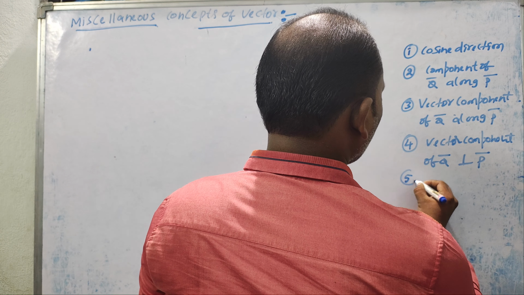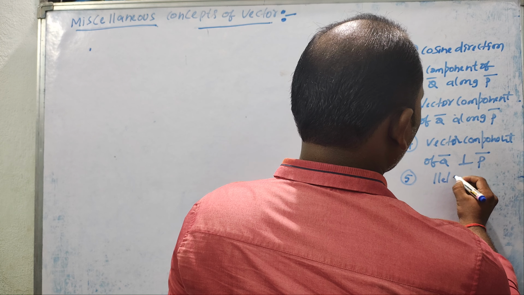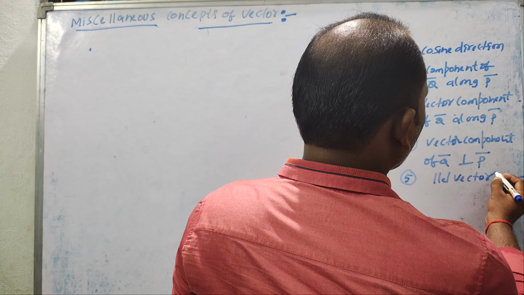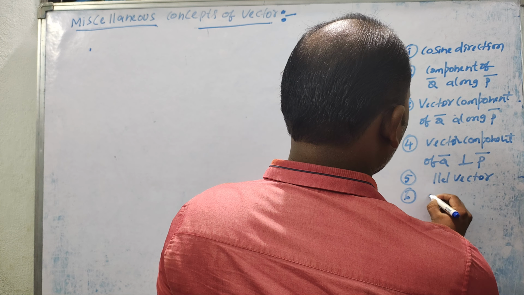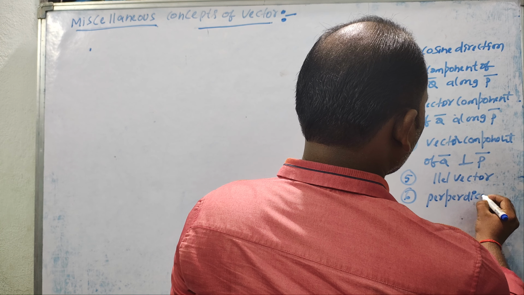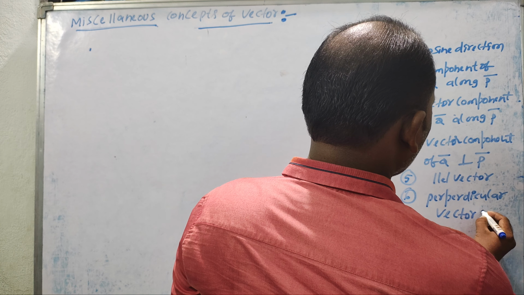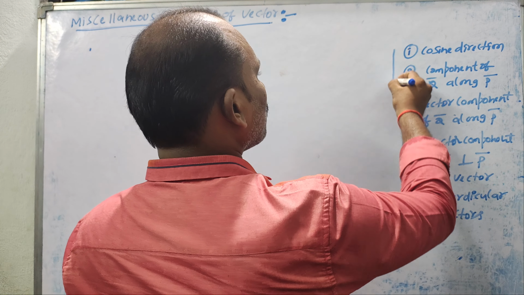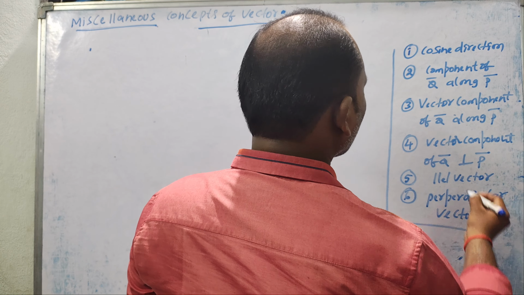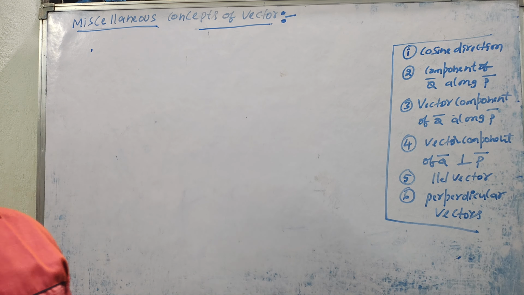And the fifth one, parallel vectors. And the sixth one is perpendicular vectors. So these six we will cover today, on the concept of miscellaneous vector.